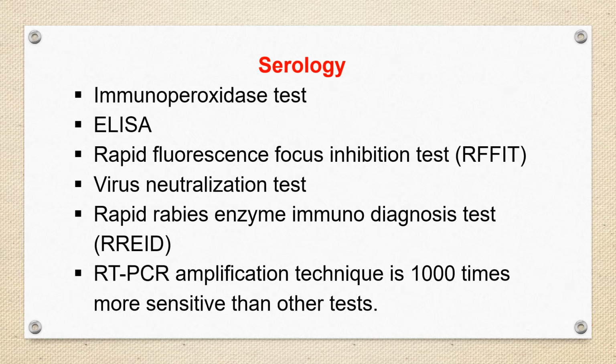For the diagnosis of rabies, certain serological tests are very important, such as immunoperoxidase test, ELISA test, rapid immunofluorescence focus inhibition test, virus neutralization test, rapid rabies enzyme immunodiagnostic test, and very important is the RT-PCR amplification technique, which is 1,000 times more sensitive than all other tests.